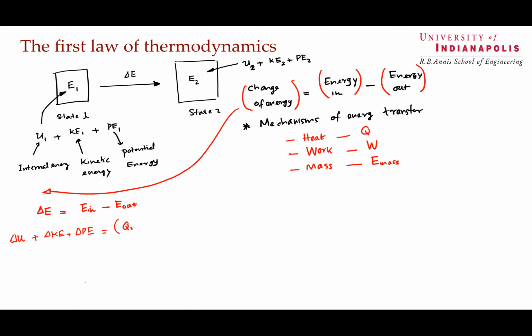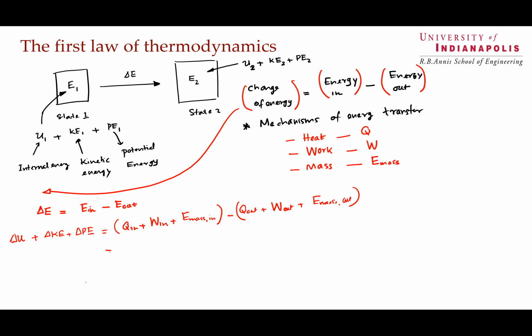Q in plus W in plus E mass in. And energy out is Q out plus W out plus E mass out.